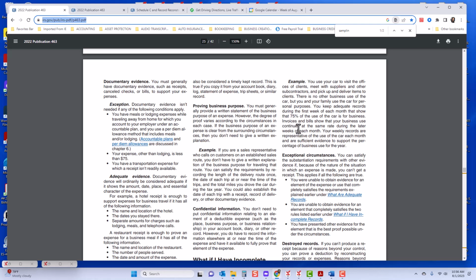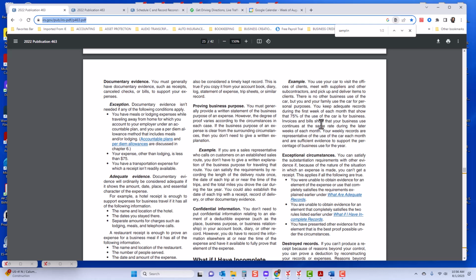Invoices and bills show that your business use continues at the same rate during the later weeks of each month. Your weekly records are representative of the use of the car each month and are sufficient evidence to support the percentage of business use for the year.